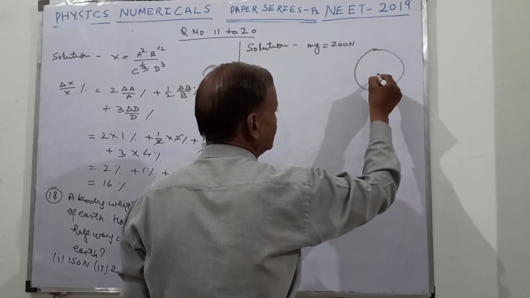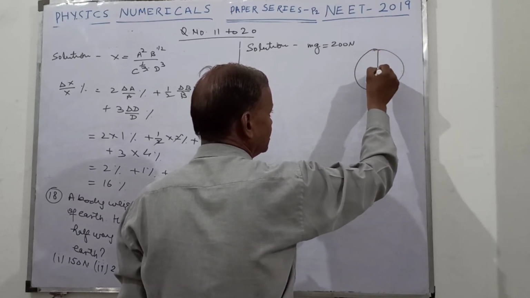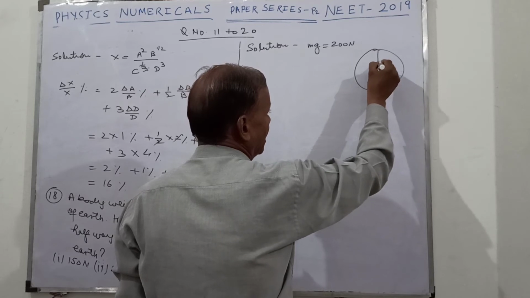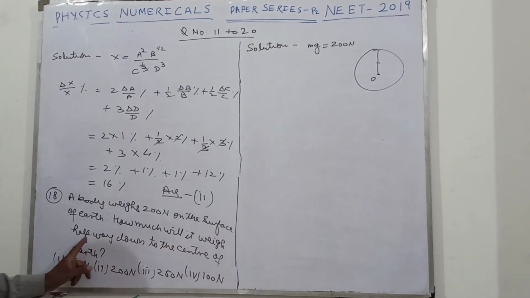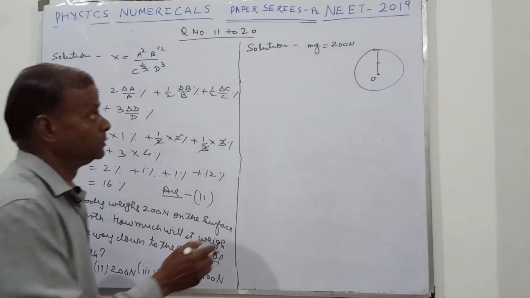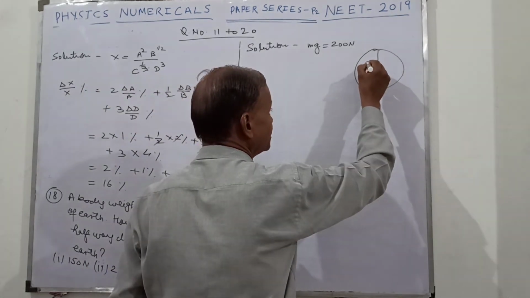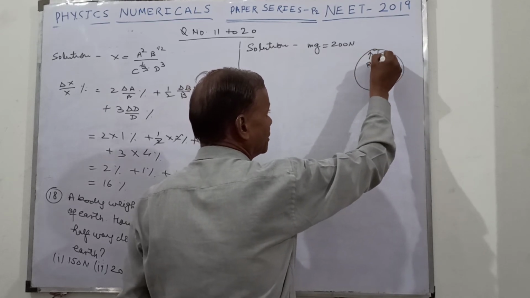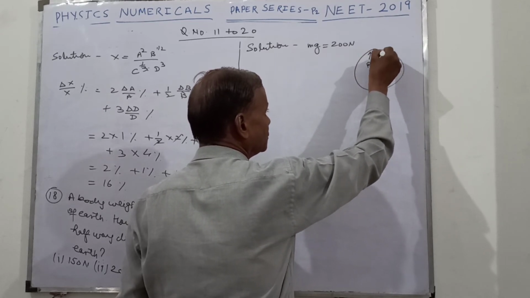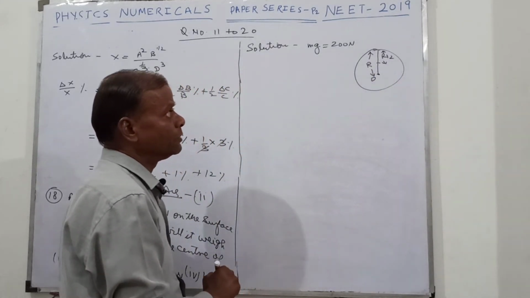Halfway, now this is what we have to consider. How much will it weigh halfway down? So the radius is r, halfway is r by 2. So distance d is given to you r by 2.